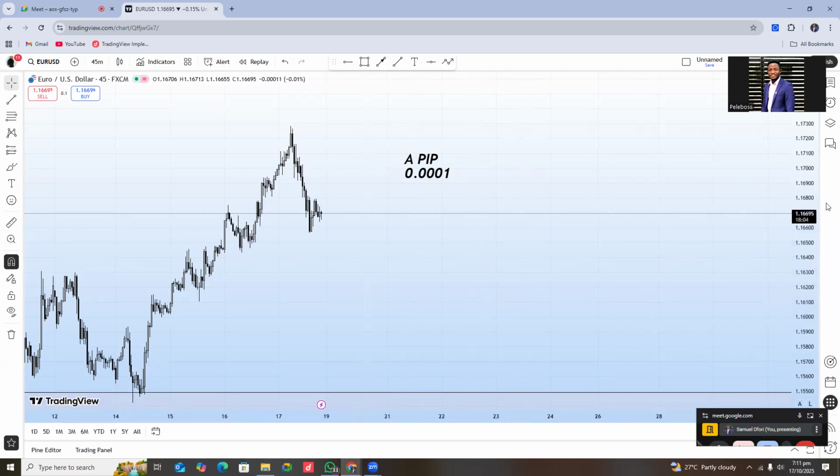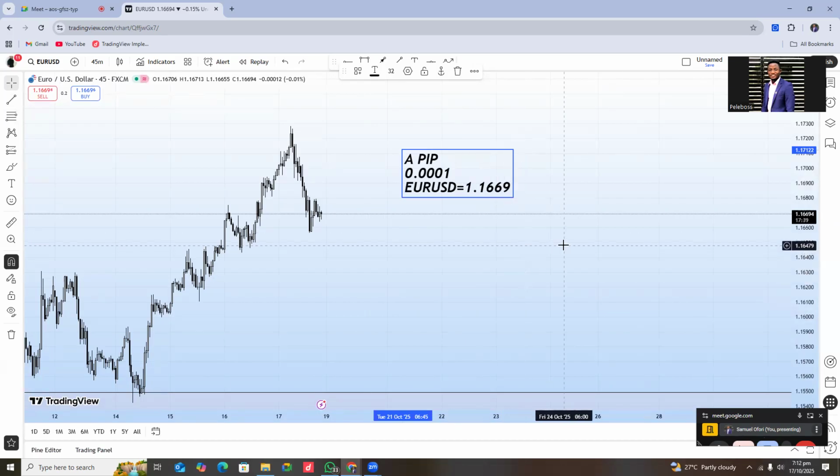Now omit the fifth digit, count up to the fourth digit. So what it means is that as we are speaking this evening, right now, the euro to the dollar is equal to 1.1669. That's what it means.